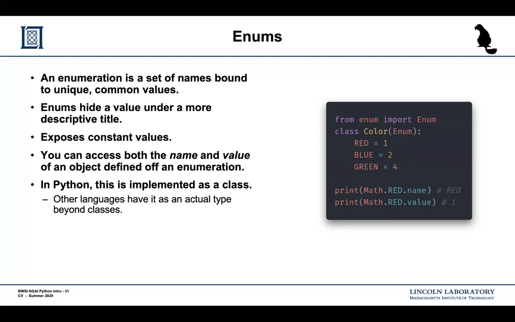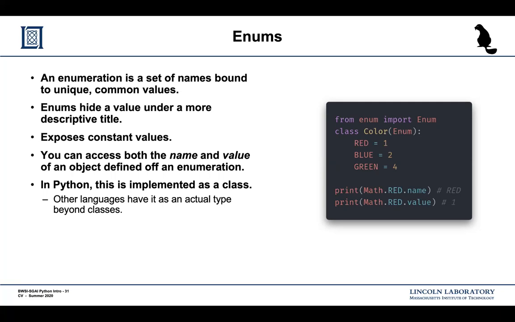That way, you can now use color.red to refer to the red color, even though in the technical back end of it, maybe the red color just refers to the integer 1. Maybe the green color refers to the integer 4 for whatever reason.